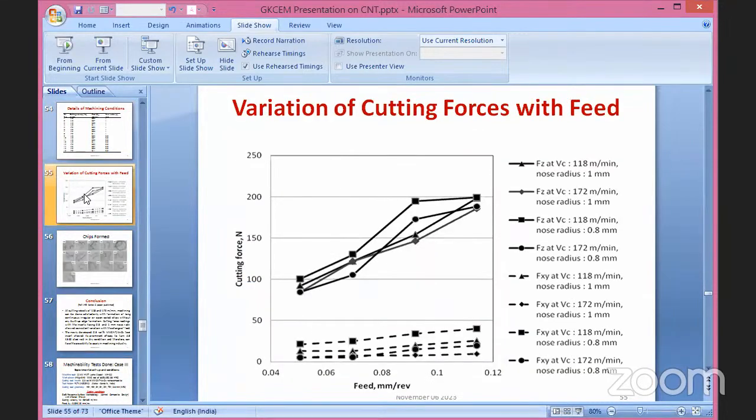Now, if you see the variation of cutting forces here also, it is very clearly visible that at both cutting velocities 118 and 172, we have almost a clear trend: an increase in main cutting force and feed force, rather the horizontal force, in a continuously increasing manner. This trend is very clearly visible from this plot, similar to that of any standard machining cutting tool.